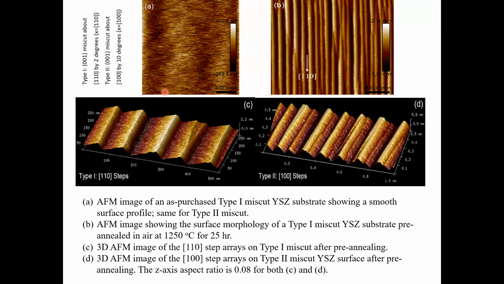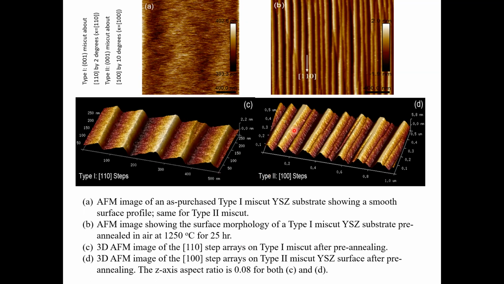Initially, the AFM image shows that the steps are not well developed in the as-received sample. So we do heat treatment. After heat treatment at 1250 degrees C, we can see the steps are well developed, and the three-dimensional AFM picture shows these steps well developed: steps and terraces, and terraces and steps, and so on.